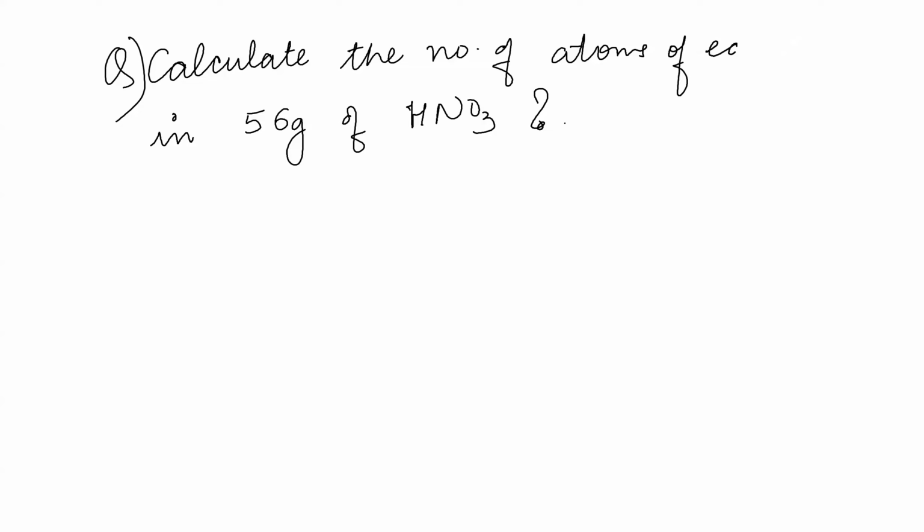56 grams, HNO3 molecular mass, 1 plus 14 plus 48, that's 63, so 0.88888 recurring, or 8 over 9 moles.